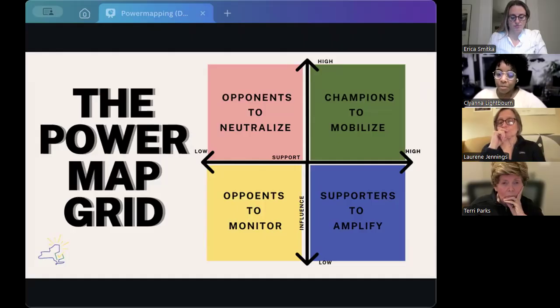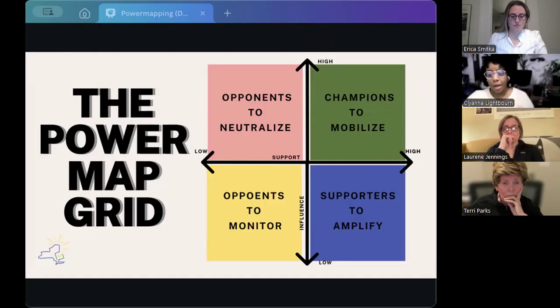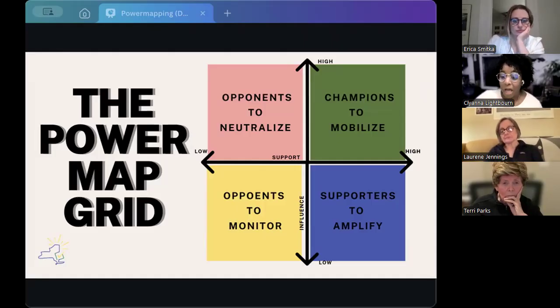And then the bottom left are folks that we don't necessarily have to worry about, but we should keep an eye on. Folks that we need to monitor and make sure that they're not gearing up against the bill. So here's the power grid map that helps us act strategically and not emotionally.